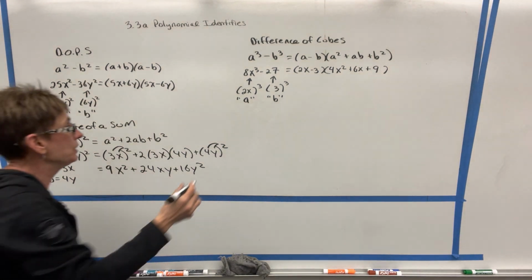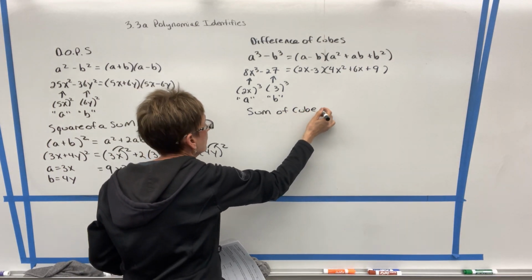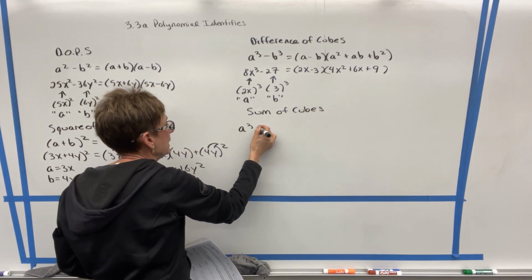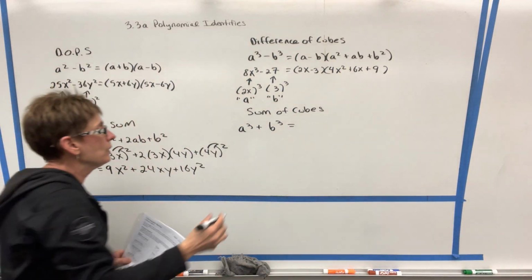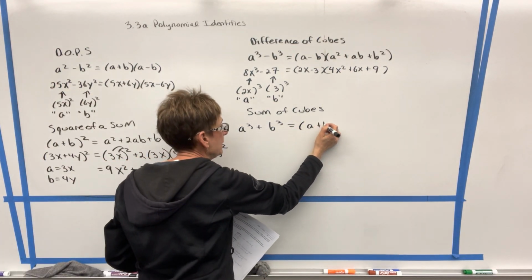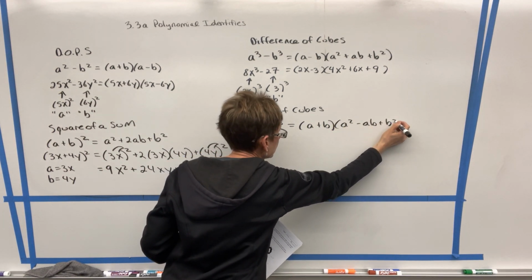The sum of cubes is very, very similar. That is obviously when I'm adding two terms that are cubed. When we factor this, it becomes a plus b times a squared minus ab plus b squared.